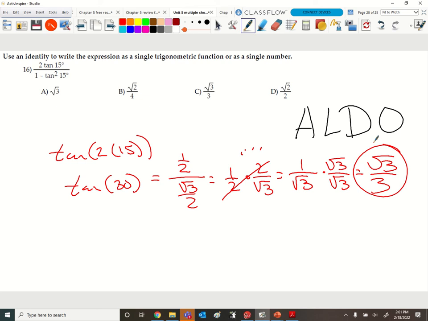Or no? So this one is a little bit longer doing it on the calculator than it is to do it using the references. I went and found it. It is a double angle for tangent. Plugged in the 15. That replaced my 2 theta or my 2s or 2t, whichever it has. All right, and my answer has to be C. Any questions there, or are you still working on it?